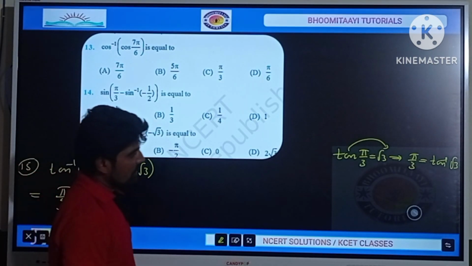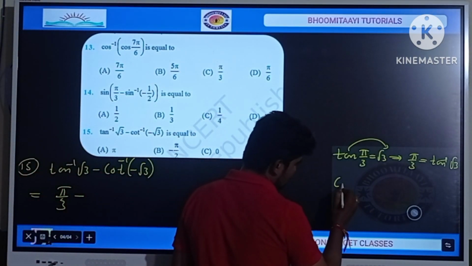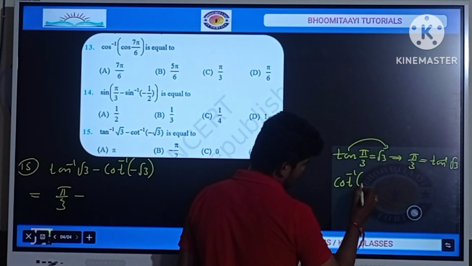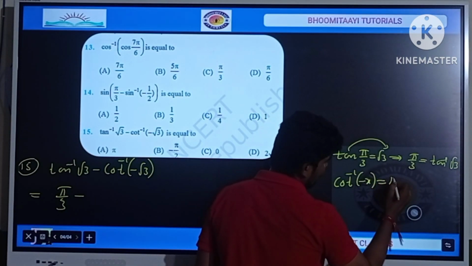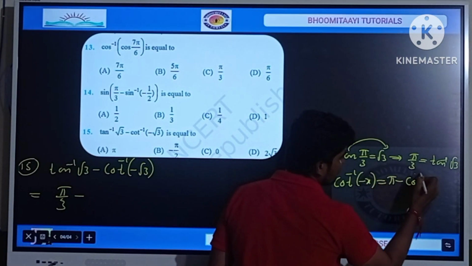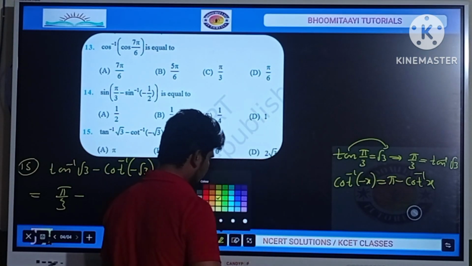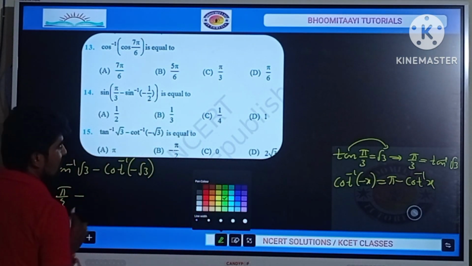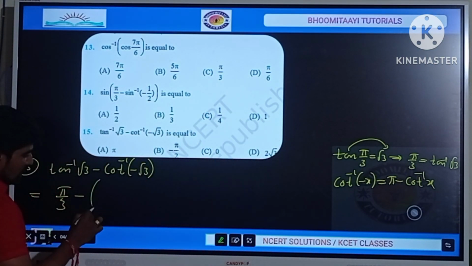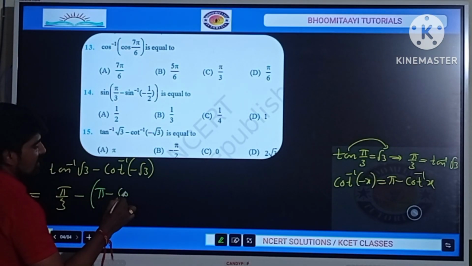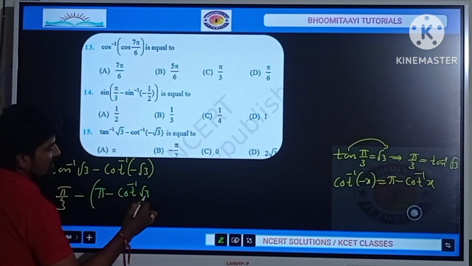Now, we know the property of the inverse trigonometric function: cot inverse of minus x is equal to pi minus cot inverse x. Therefore, cot inverse of minus root 3 is equal to pi minus cot inverse root 3.